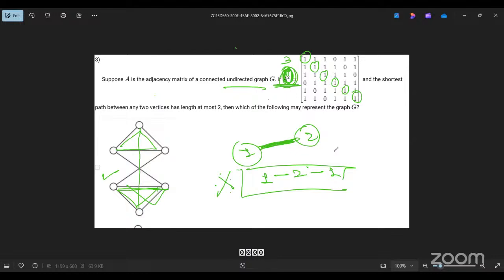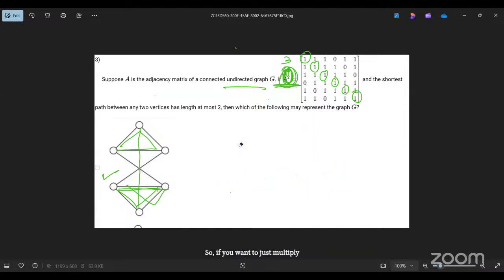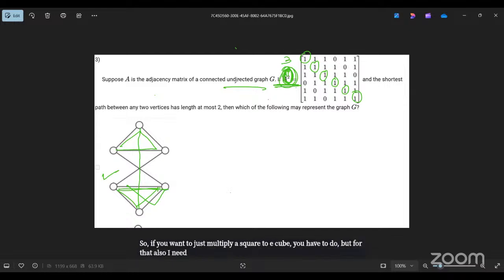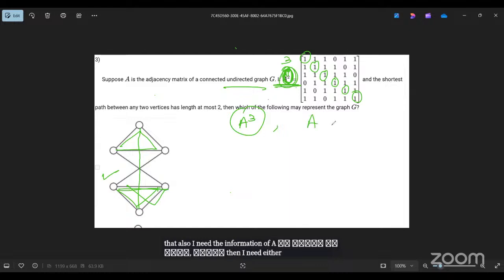Okay, I'll let you know about this question. I'm not sure. Ma'am, can you draw the matrices from A square to A cube? That is so confusing in the video too. Okay, so if you want to multiply A square to A cube, we have to go. But for that also, I need the information of A. If you want to draw A cube, then I need either A or I need a graph, because then only I can go from A square to A cube.